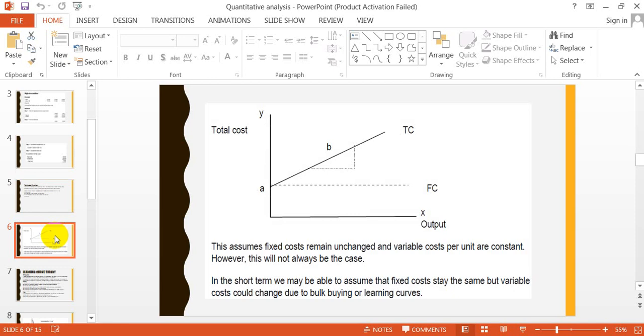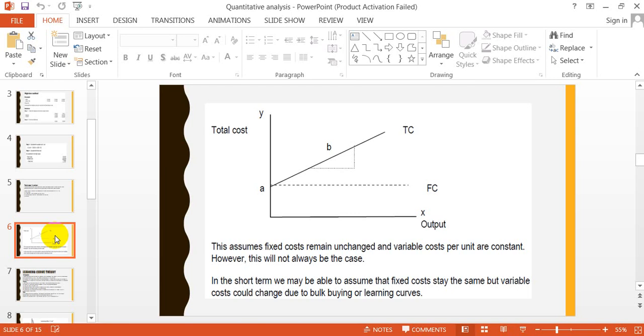This formula assumes that fixed costs remain unchanged in the short run, and variable costs per unit are constant. However, in reality, this may not be the case. We'll see as we move on some questions where the variable costs or the fixed costs may be constant up to a certain point and then increase, like the stepped cost we looked at in F2.